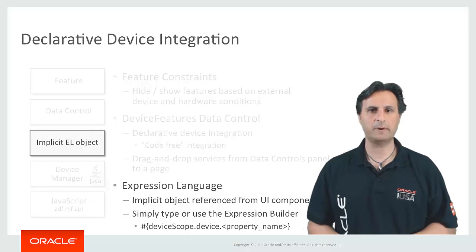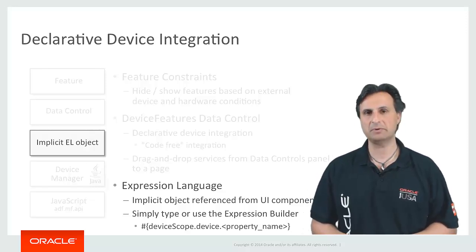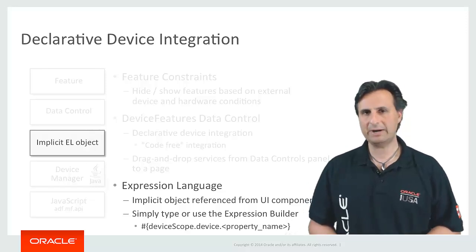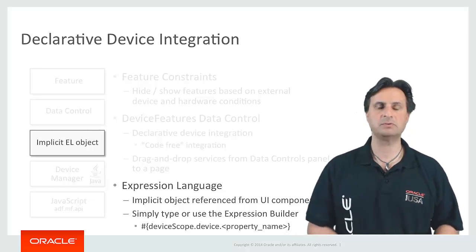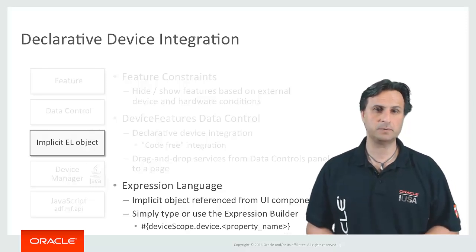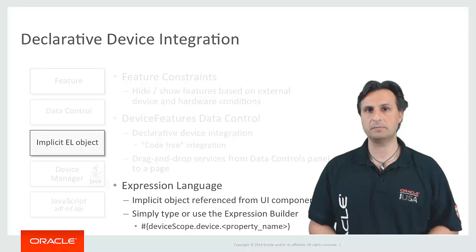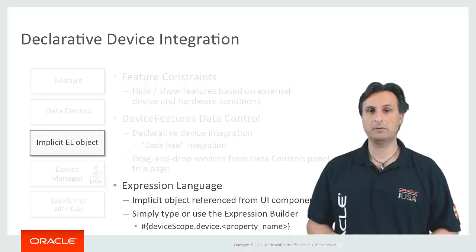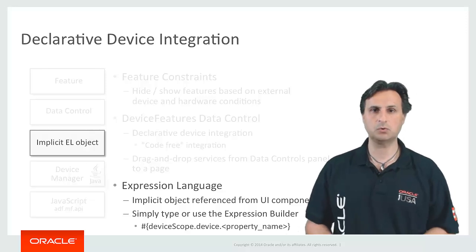The next is to talk about the implicit expression language objects. I mentioned this is something that you would use to integrate device properties with user interface components. User interface components, for instance, have a rendered property. And I can use that rendered property and point it to a device property. Depending on whether or not that device property returns true or false, I show or hide the component.